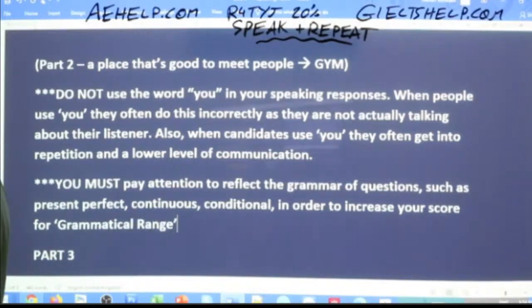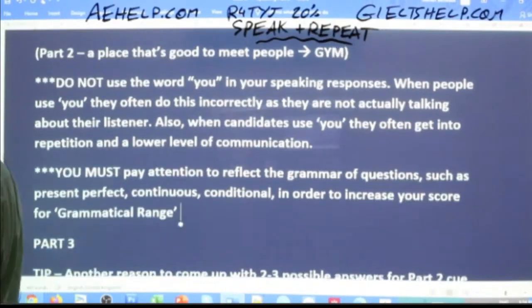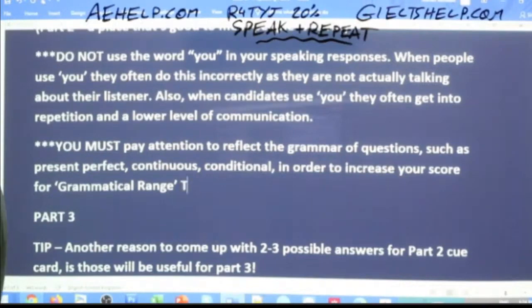Okay, that's actually one of the criteria that they're marking you on.